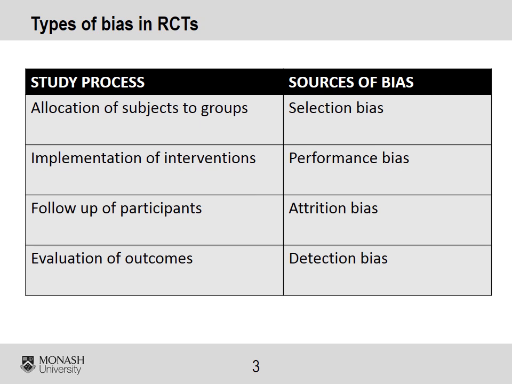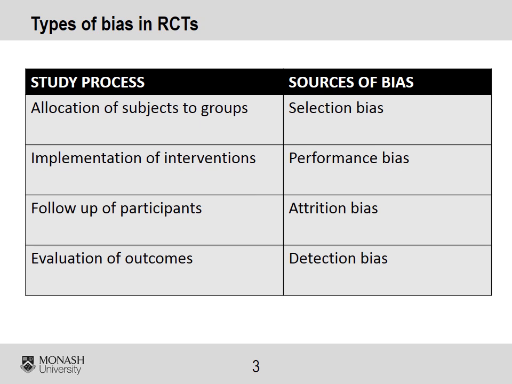So there's really four main biases that you want to look out for when critically appraising a study, and in particular a clinical trial. So the first bias is selection bias, and that relates to how the participants were recruited and allocated to the respective groups, be it intervention or control.